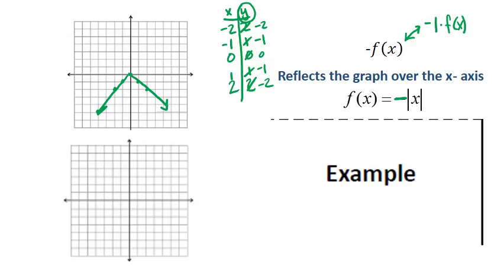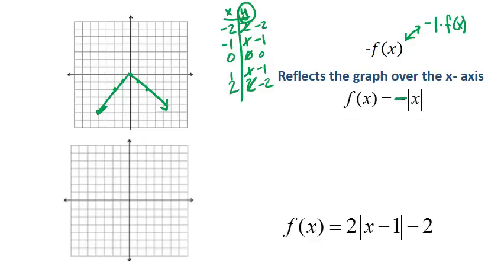Now that we've looked at these horizontal shifts, vertical shifts, reflections, vertical stretch, let's tie it all together into one example. If I have the function 2 times the absolute value of x minus 1, minus 2, notice that I have 3 moves, the 2, the -1, and the -2.